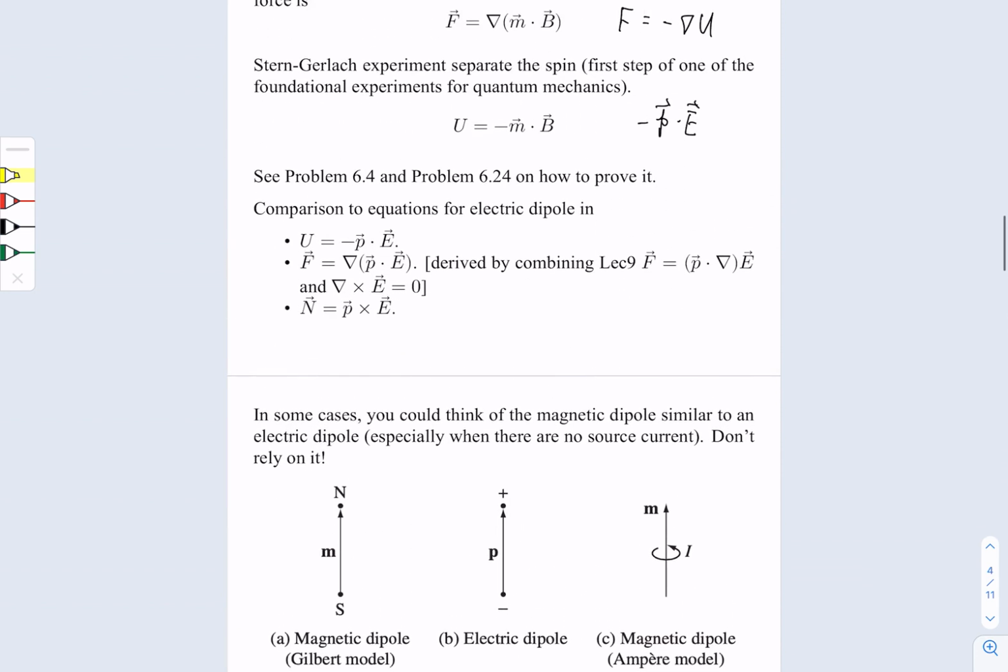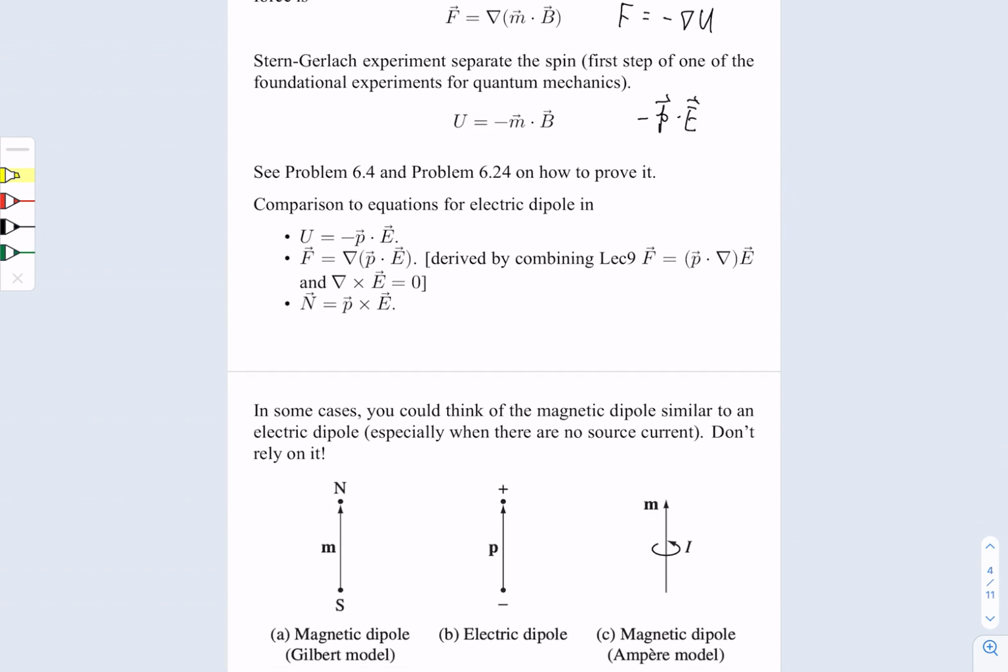Okay, so here we just discussed how a magnetic dipole will respond to the magnetic field. And as we just said, for paramagnetic materials, the material has unfilled electron shells.